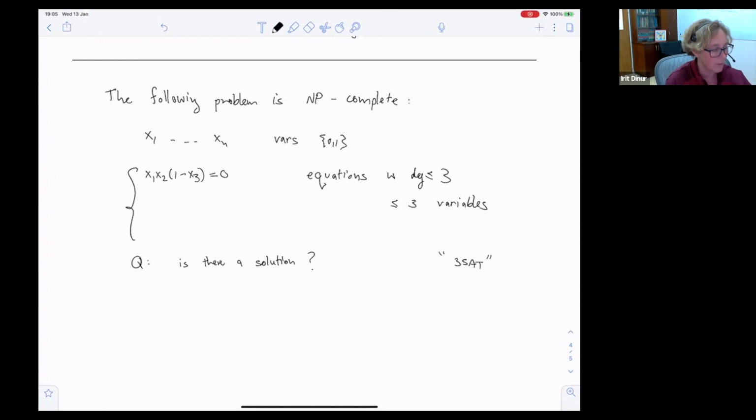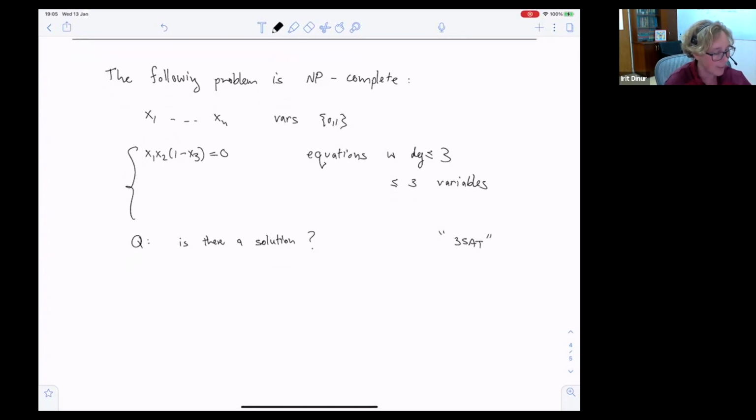Okay, so now I want to understand, is this true when the system of equations is stable? So now it should be clear what we mean by stable.